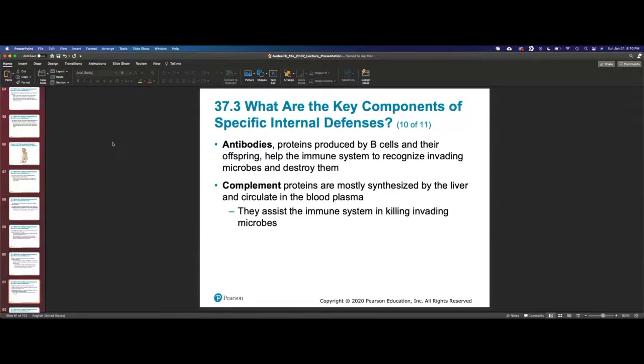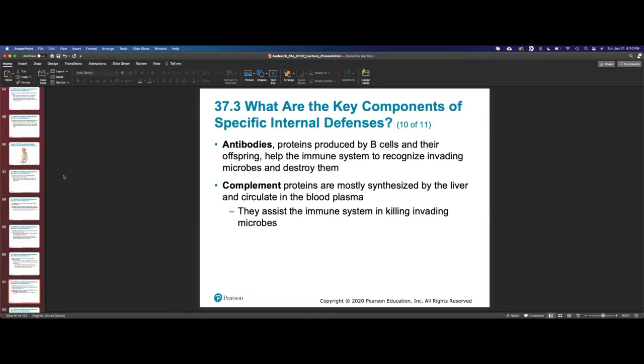And so here we will talk a little bit about antibodies and the complement system. And so concussion, that's the term I was looking for, when your brain hits your skull as a result of an accident.